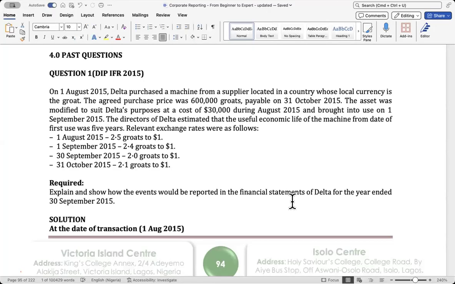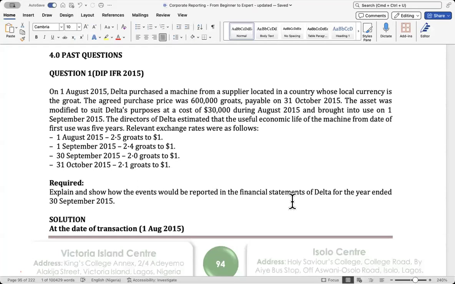The agreed purchase price was 600,000 goats payable on 31st October 2015. The asset was modified to suit Delta's purposes at a cost of $30,000 during August 2015 and brought into use on 1st September 2015.